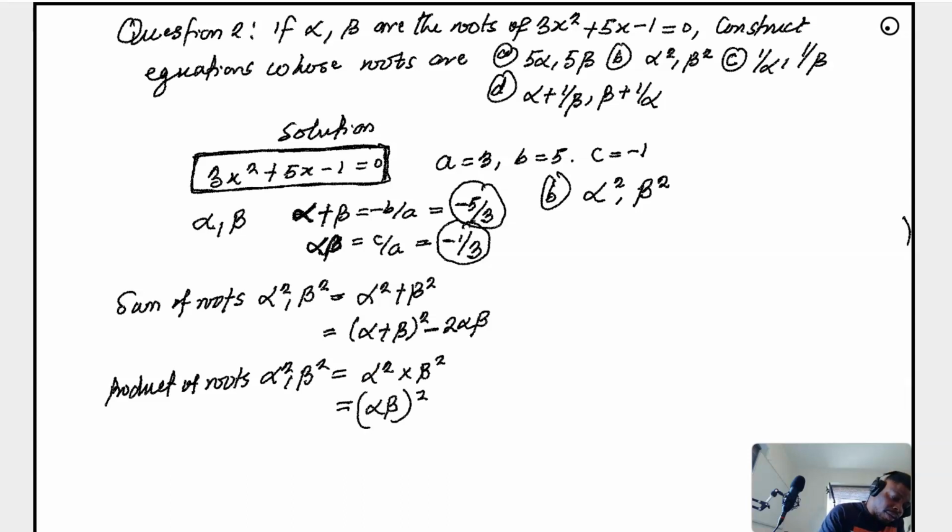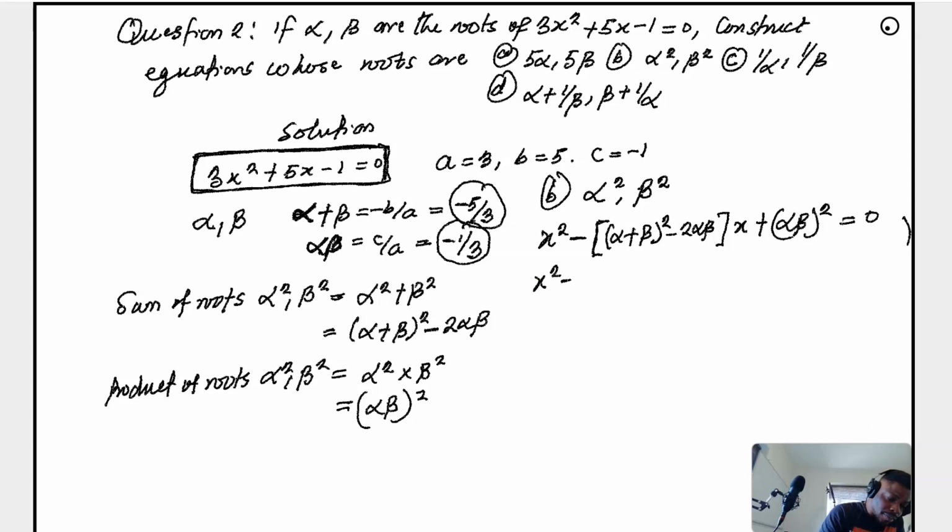So now let's put it in the construction. In construction, you see x squared, right, minus sum of roots. What is our sum of roots? Our sum of roots is alpha plus beta all squared minus 2 alpha beta, then variable, then plus product of roots, alpha beta all squared, is equal to 0.